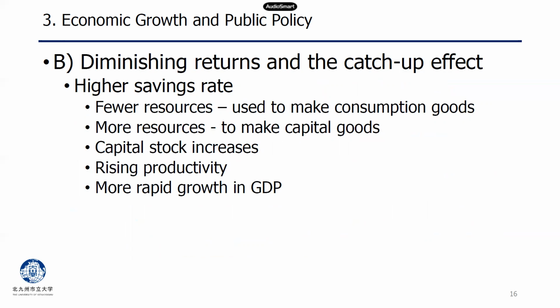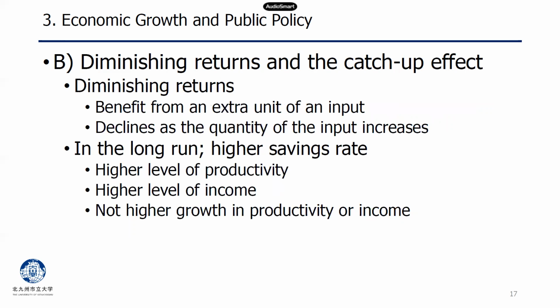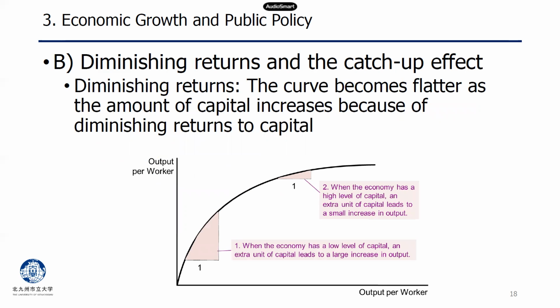The second one is called the diminishing returns and the catch-up effect. Diminishing returns means you benefit from an extra unit of input compared with other inputs. And in the long run, you are able to catch up with other developed countries. What do you mean by the catch up?